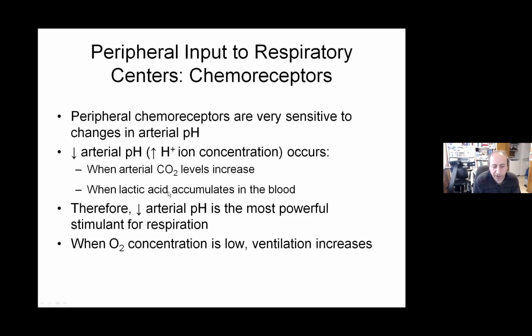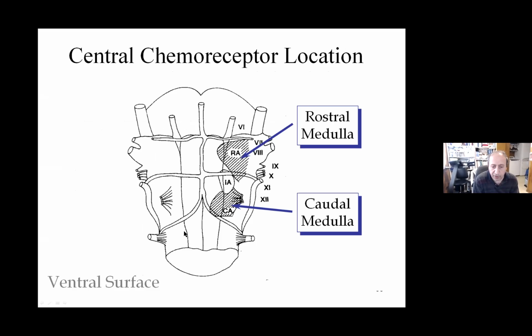The muscles generate a lot of lactic acid because they could not get enough oxygen, and this will decrease pH or increase acidity. So a decrease in pH is the most powerful stimulus for respiration. So when pH is low, ventilation will increase.